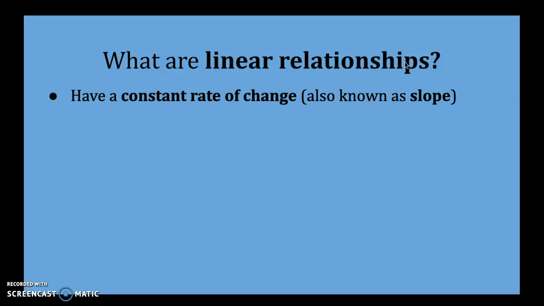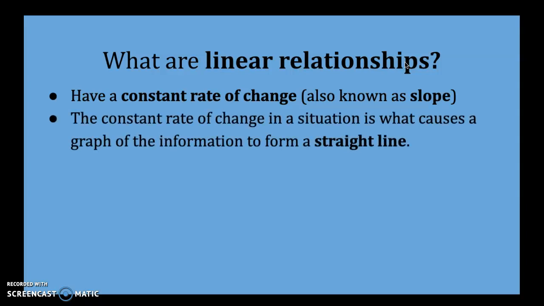A better example might be: every 2 shirts you get is $20, so when you add on more and more, you end up having that 20 over and over again. That's that constant rate, that amount that's changing repeatedly. The constant rate of change is what causes the graph to form that straight line.